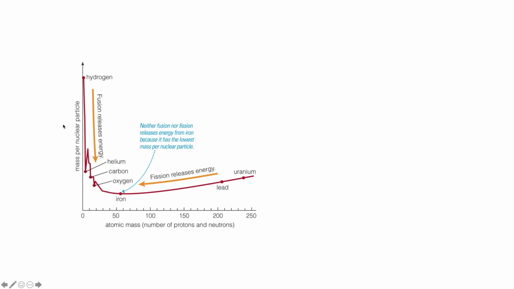on the y-axis, we're looking at the mass per nuclear particle. Hydrogen atoms have more mass per particle than helium.